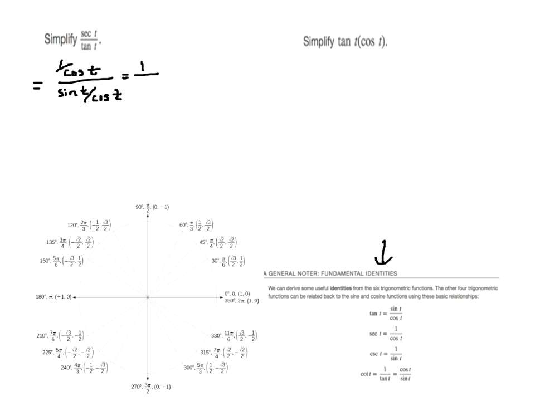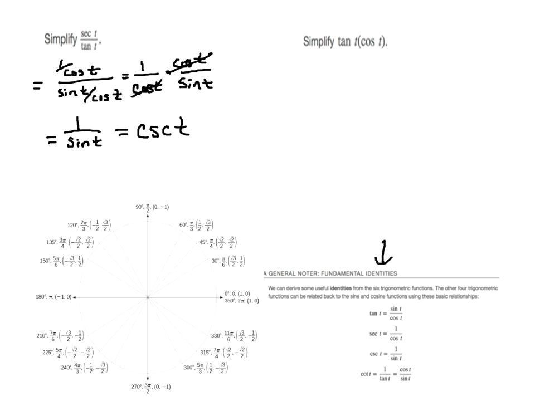And I can simplify that by not dividing my fractions, but multiplying by their reciprocal: cosine t times the reciprocal, cosine t over sine t. My cosine t's divide out, and that's the same thing as 1 over the sine of t.